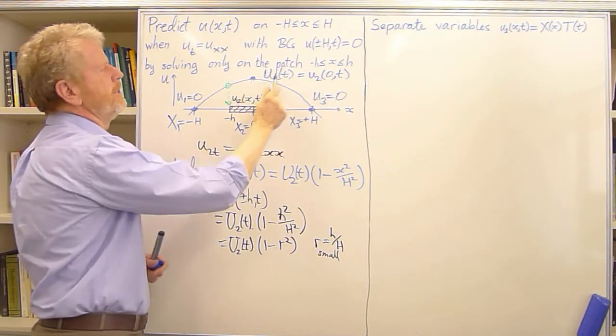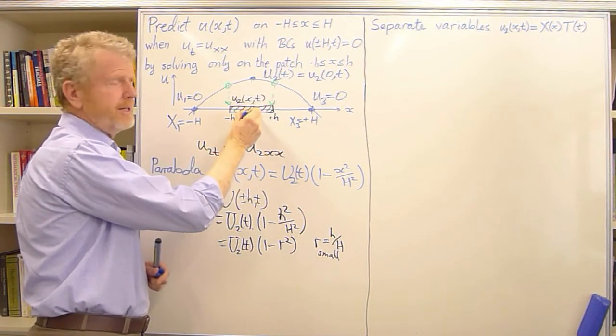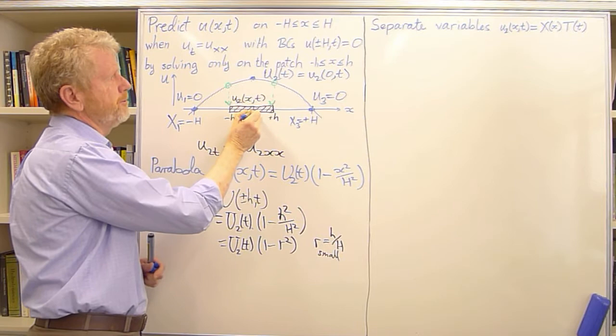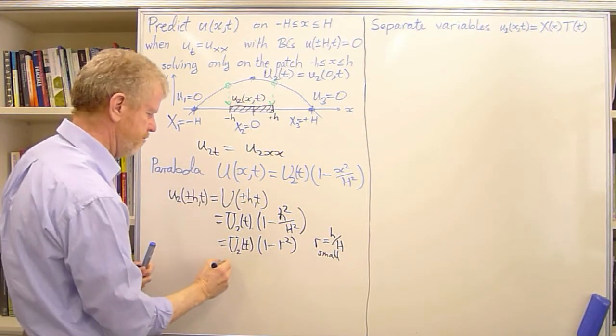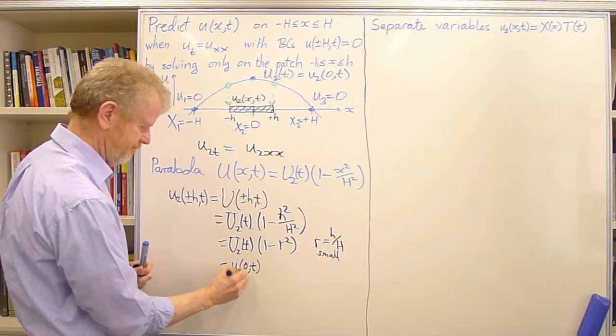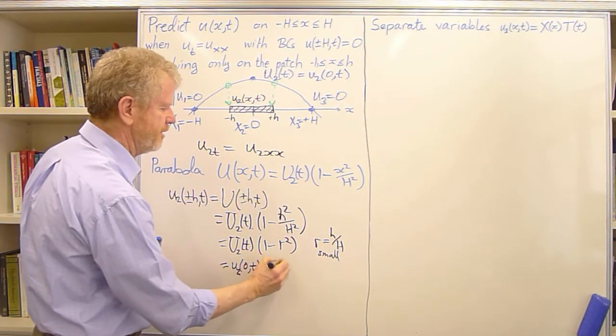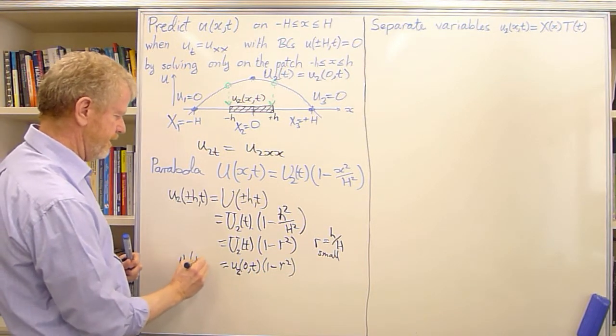In other words, this value, big U2, is the value we're predicting in the patch at x equals 0. So replace this U2 by u2 of 0, t, times 1 minus R squared. Let's write the left-hand side in again.